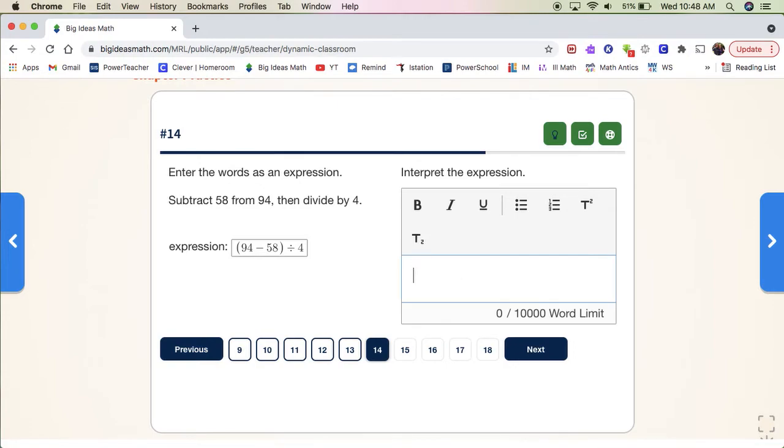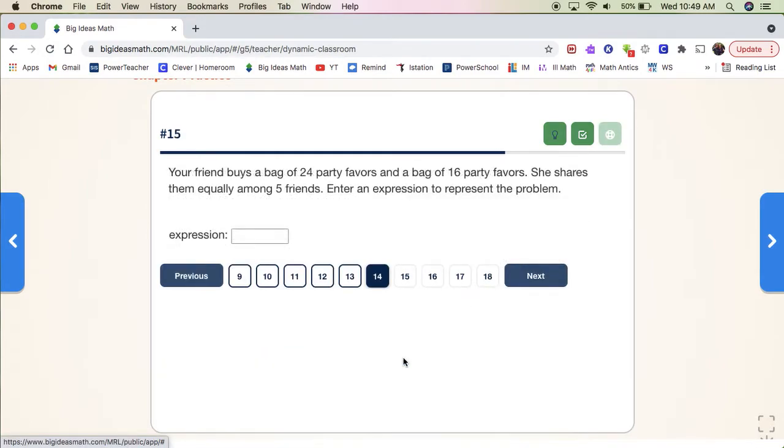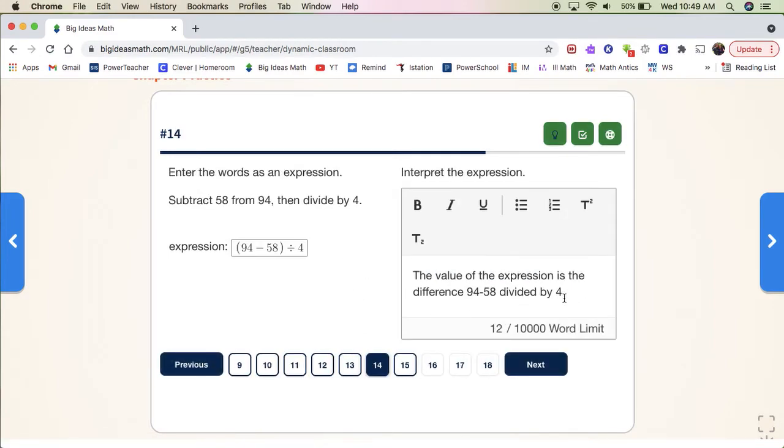So we would say the value of the expression is the difference, 94 minus 58, divided by 4. I know you're going to have to stop that one, but go back and just look at it. If you need to, stop the video and look at it, write it down.